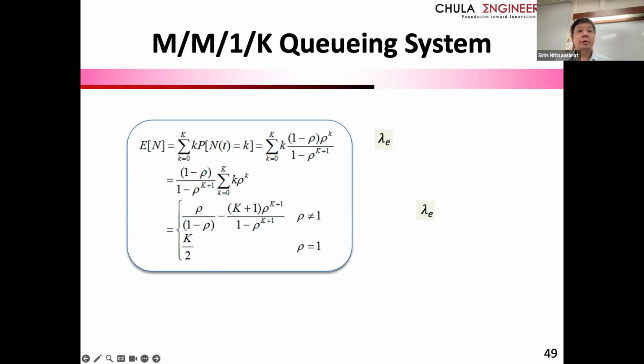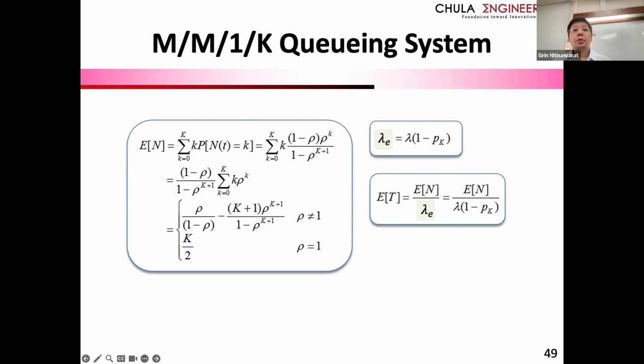I leave you to fill in the details, but I just want to point out a phenomenon that is unique to this MM1K and not present in the MM1 queuing system. What do you think that phenomenon is? Is there any rejection of incoming customers in the MM1 queuing system? There is none, right? But for a capacitated system, there will be some rejection.